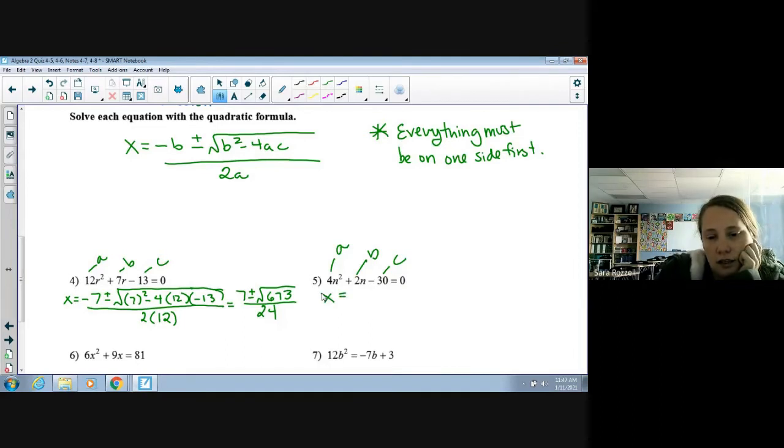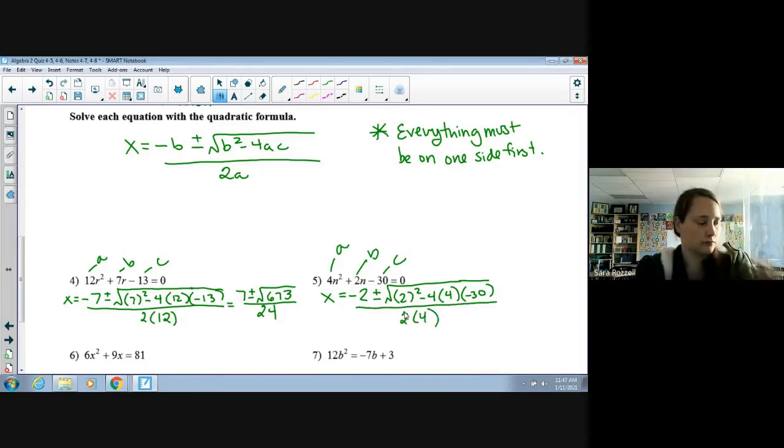So X equals negative 2 plus or minus the square root of, and underneath is B squared minus 4AC. B is 2 squared minus 4. A is 4. And C is negative 30. And all over 2 times 4.